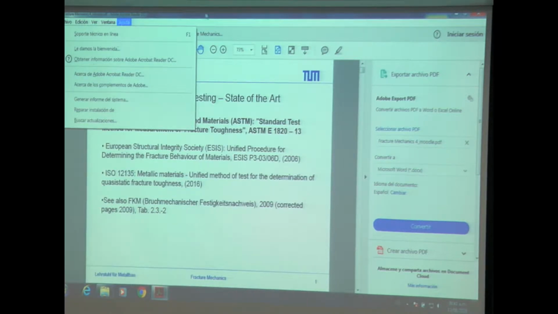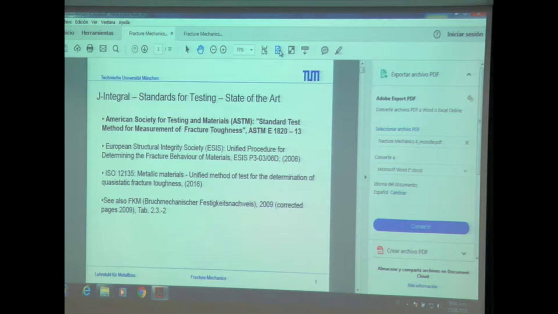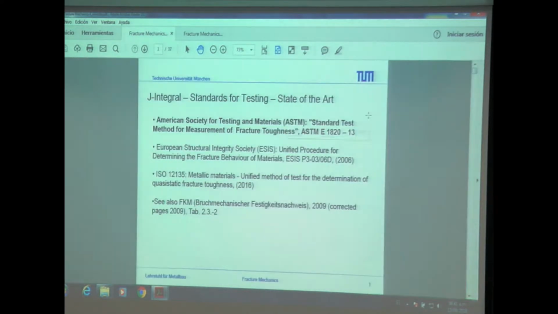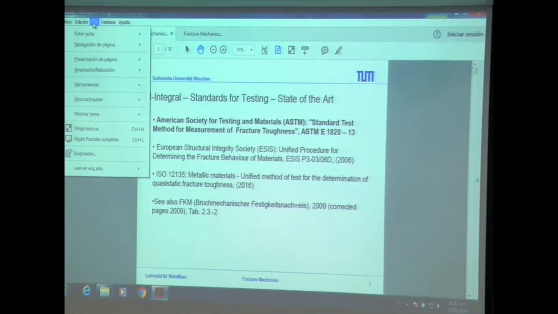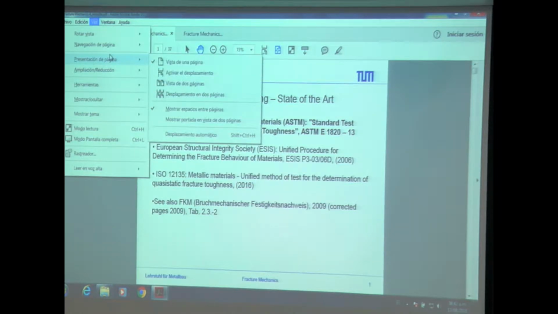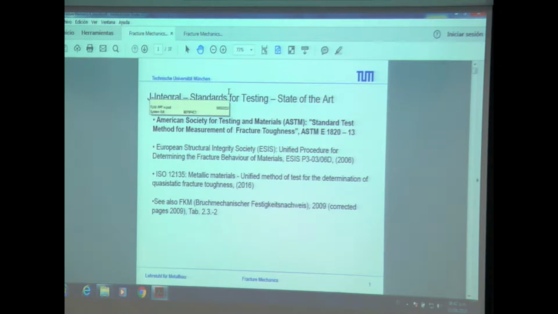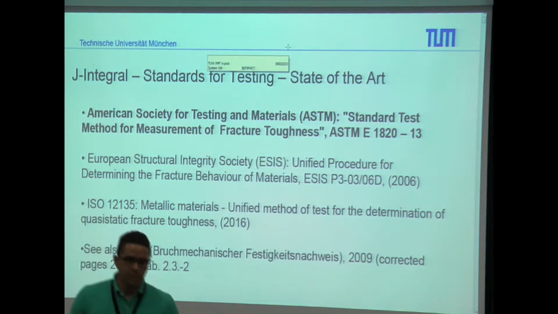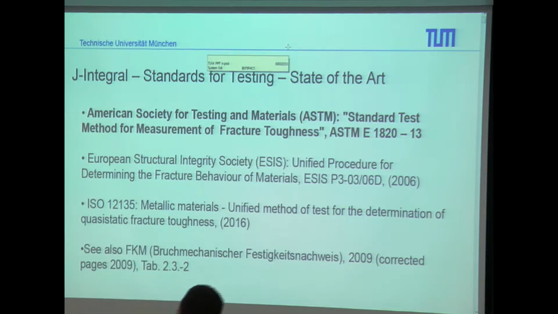Yeah. It's in PDF, right? So no, but okay.